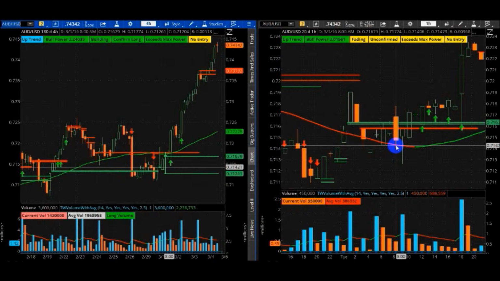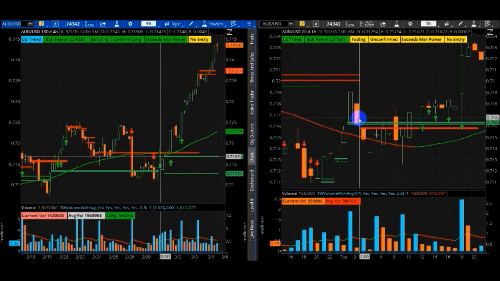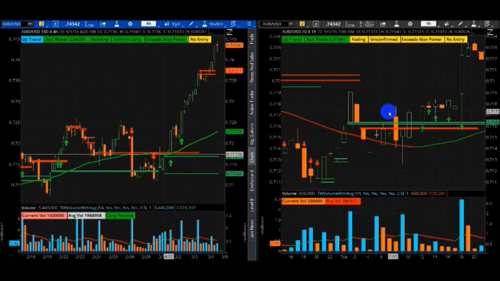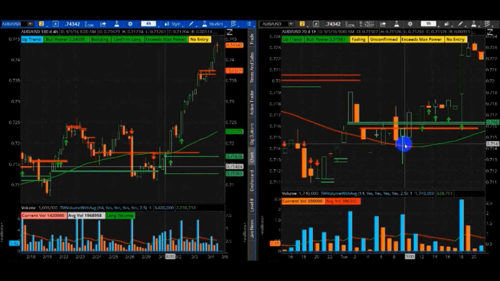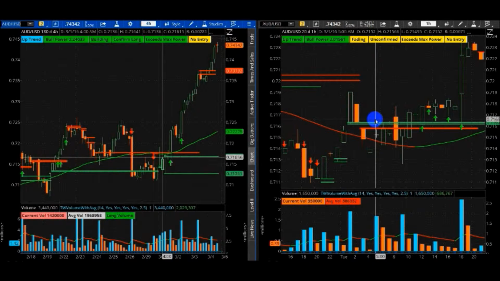Well, what I'm going to tell you is we can look right in this little zone right here in the middle, and we can see consolidation quite clearly, and we can see that it is clustered about the SRT bearish zone and the SRT bullish zone.